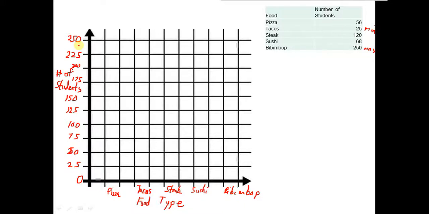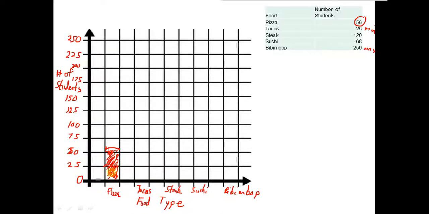So now one of the only things left to do is plot our data. We look at pizza, which has 56 people. So I'll go to my pizza column here, go up 56, and 56 would be about right here maybe. I'll do that, and then I would color this in with whatever I have.